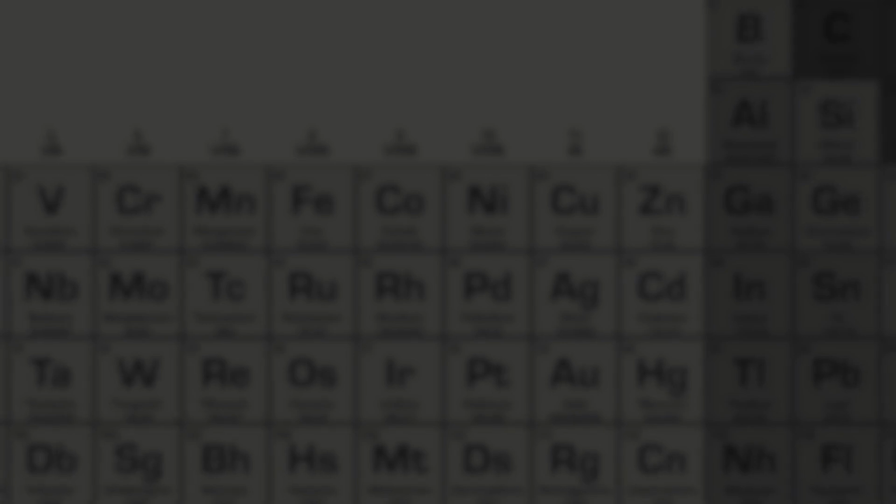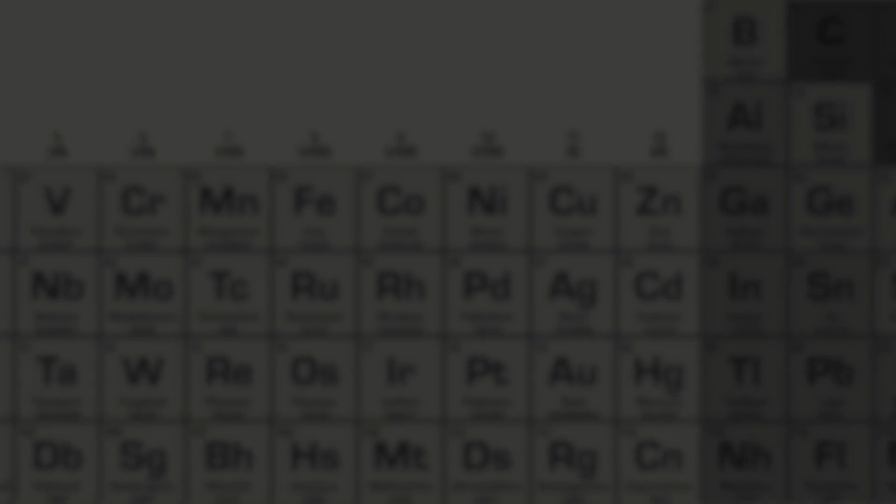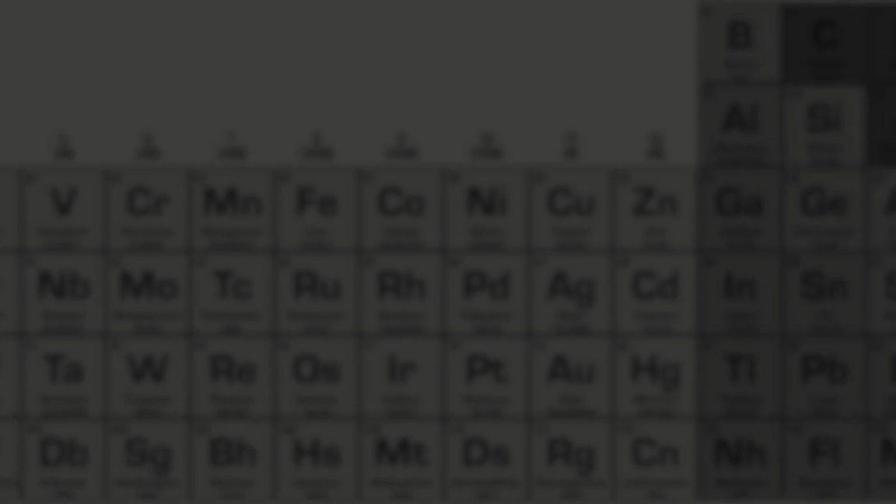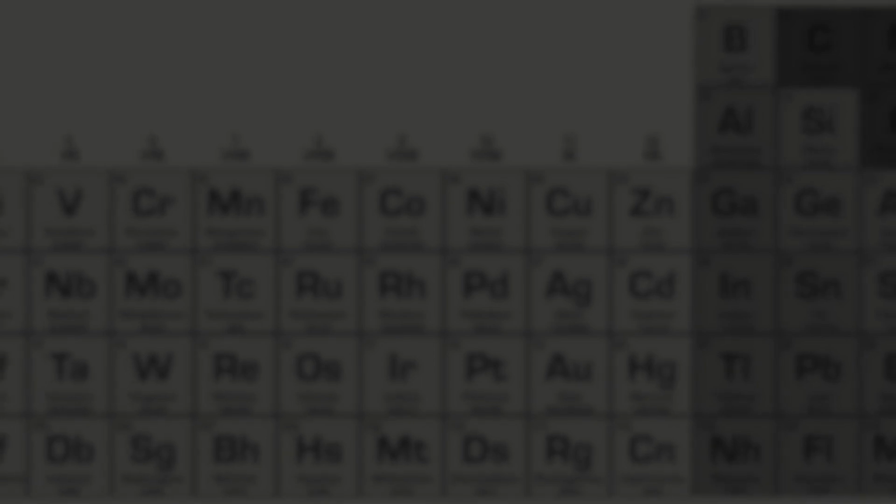The table is dynamic, reflecting the continuous nature of scientific discovery. It is a living chart that accommodates new knowledge. This adaptability makes it not just a tool of the past, but a guide for the future.